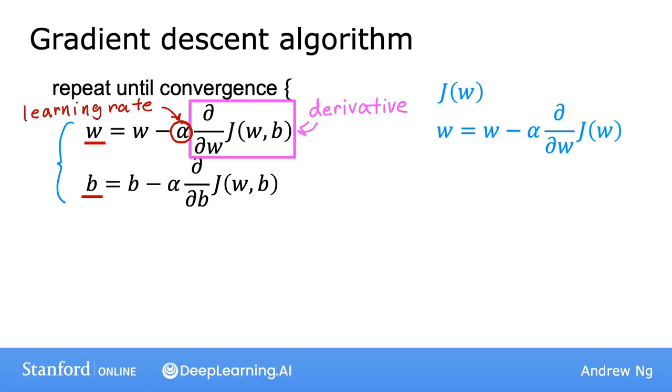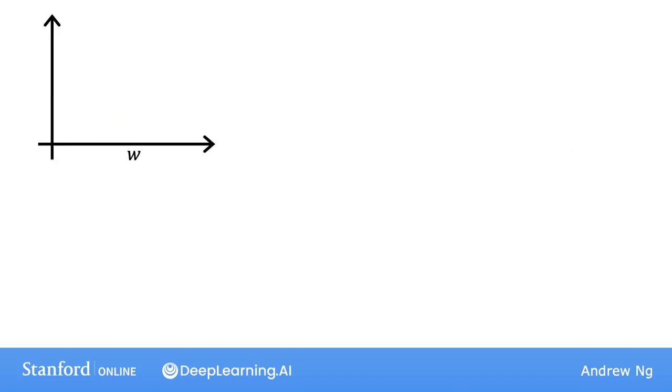And you're trying to minimize the cost by adjusting the parameter w. This is like our previous example where we had temporarily set b equal to 0. With one parameter w instead of 2, you can look at two-dimensional graphs of the cost function j instead of three-dimensional graphs. Let's look at what gradient descent does on this function j of w.